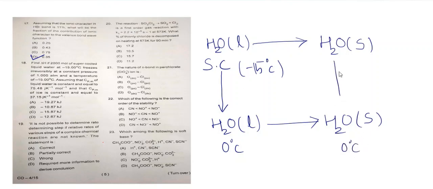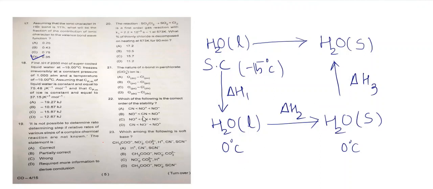So the first two are intermediate stages to convert to the solid or freezing state. These are all irreversible processes. So I will write here del H1, del H2 and del H3. When I add all these enthalpy changes, then I will get the final enthalpy change.